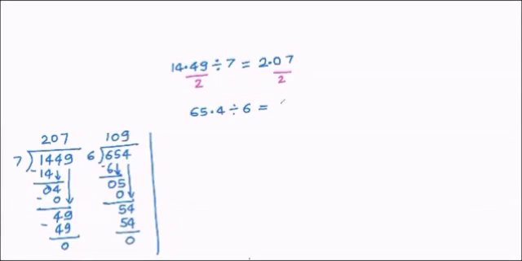One, 0, 9. Now count the number of digits after the decimal point in the dividend. It is 1. So here also we need 1 digit after the decimal point. Hence we give the decimal point between 0 and 9. So the answer is 10.9.